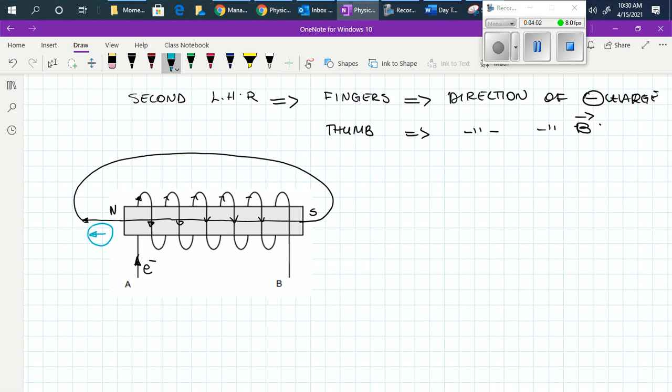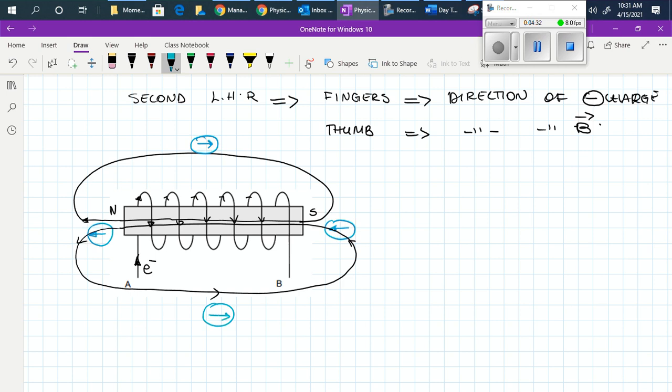If you place the compass somewhere in here, the north of the compass will be this way. And if you place the compass here, the north will be this way. Keep in mind that the magnetic field lines are also on the bottom part of the solenoid. So it goes this one, and this one. Now if you place a compass here, then the north of the compass will be in this direction.